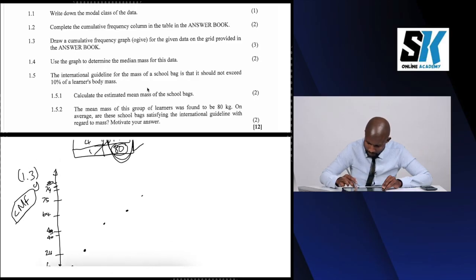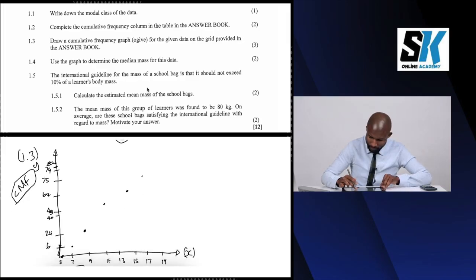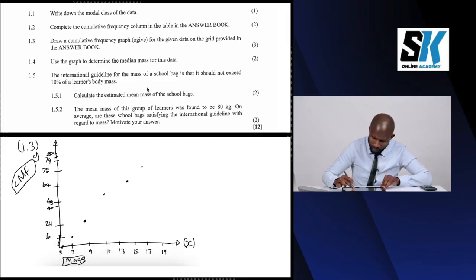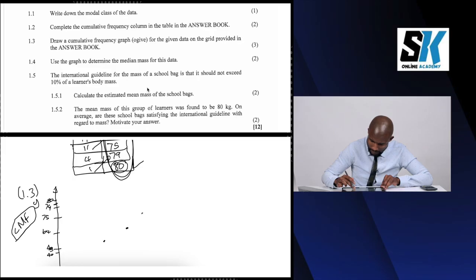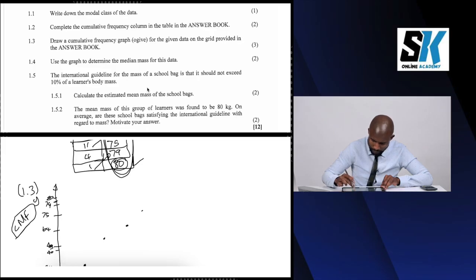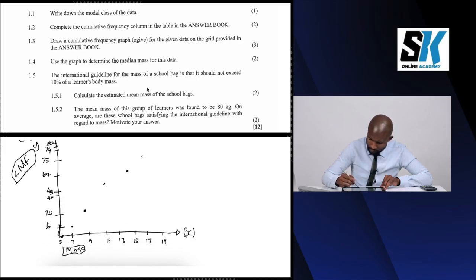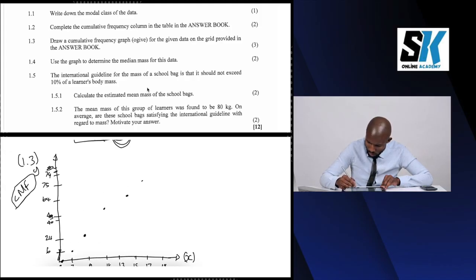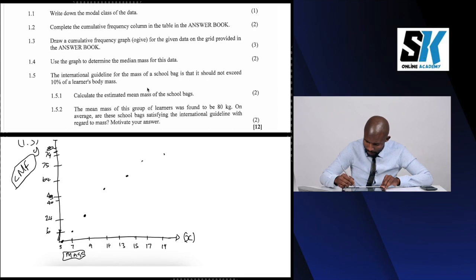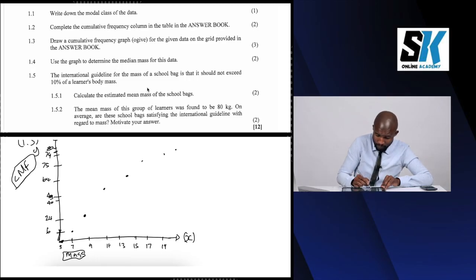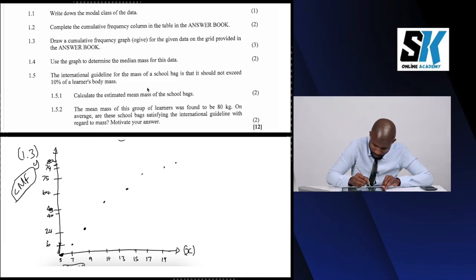And then 17 must be against 79. And then 19 will be against 80, which is the last value. Then we must start at 5 and 0. So I'm gonna plot my ogive.